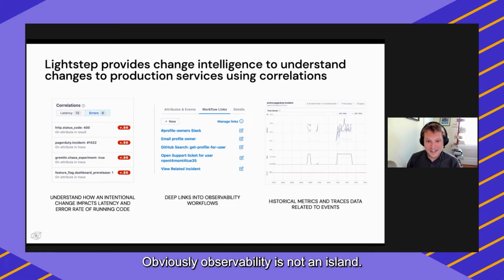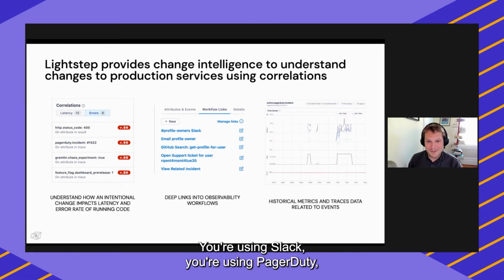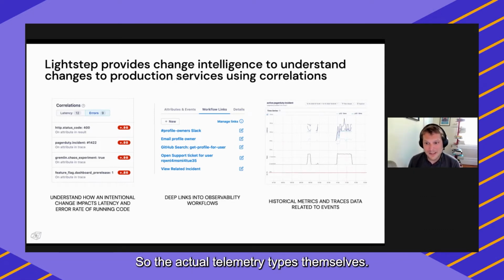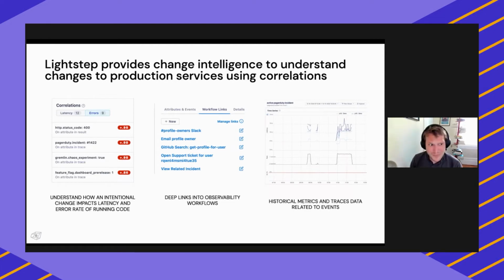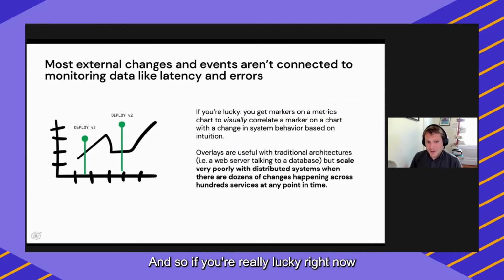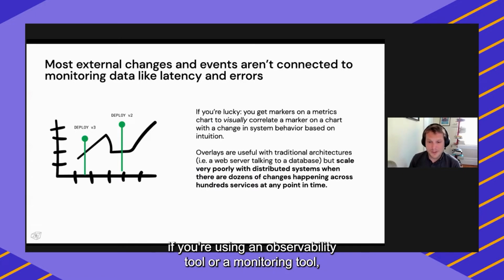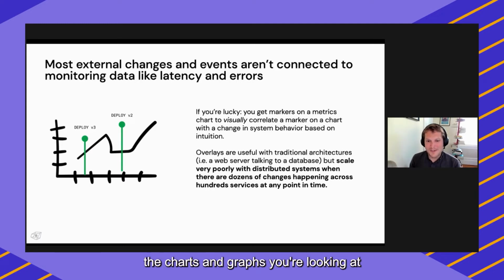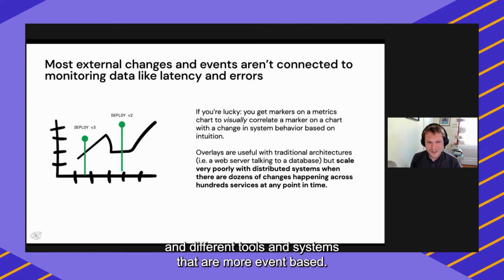Obviously, observability is not an island. You're using Slack, you're using PagerDuty, you're using a lot of different solutions to respond to something that's going on in the system. And a big part of that is metrics and traces, so the actual telemetry types themselves. If you're using an observability tool or a monitoring tool right now, there's a divide between the charts and graphs you're looking at and different tools and systems that are more event-based.